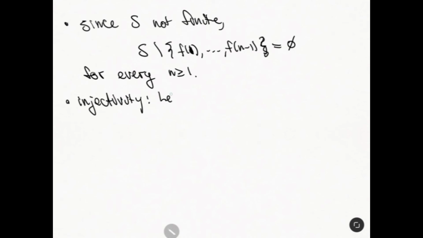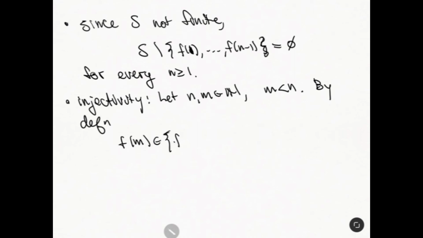We're going to let n and m be natural numbers, and suppose that one is bigger than the other. By definition, f of m is an element of the previous values. So m is one number between 1 and n, so it's f of 2, up to f of n minus 1, because we know it's a strict inequality there.